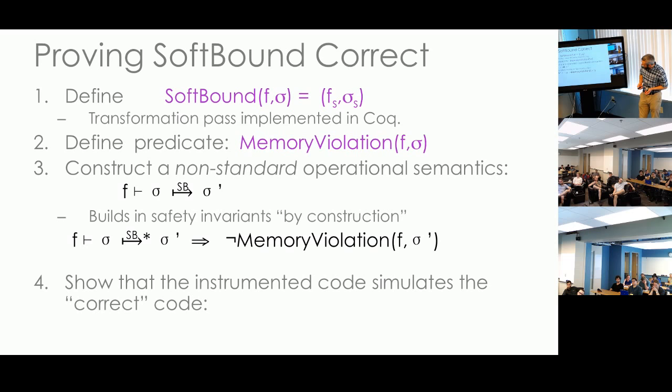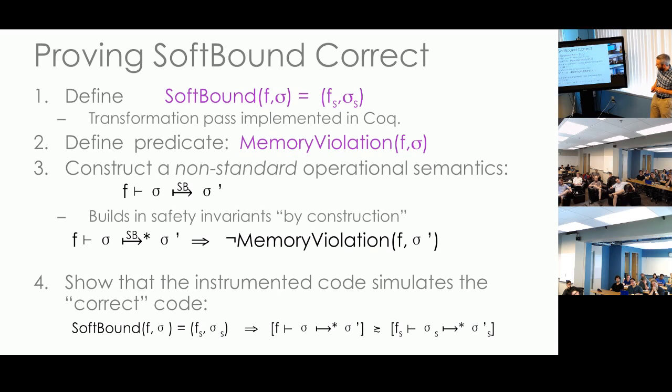And then what you do is you show essentially that the instrumented code simulates that non-standard semantics. And you can do that using standard simulation techniques where you have two languages and you have to show that the states line up. And the invariants get pretty hairy because the memory relations are quite complicated. But it's doable, and we can prove all of that in Coq.